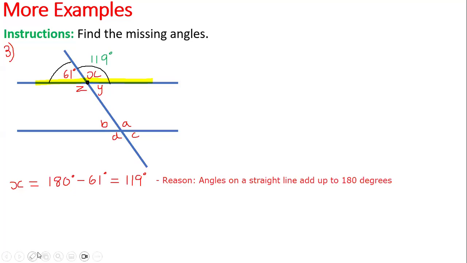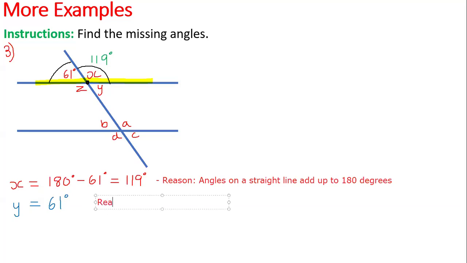Why is Y equal to 61? There's a particular reason. Y is vertically opposite the 61. Vertically opposite.